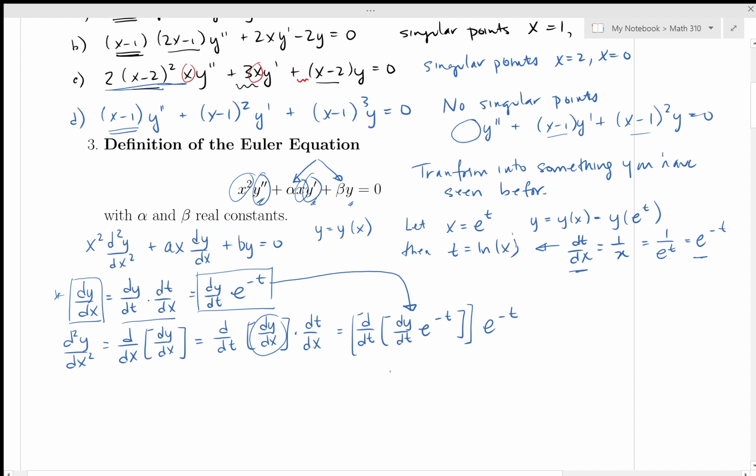So let's just keep going. Now I'm taking d by dt. I'm going to make this calculation here. I've got a product there, so I'm going to employ the product rule, and I'm going to get the second derivative of y with respect to t times e to the minus t, minus e to the minus t times dy by dt, and then that is all multiplied by e to the minus t.